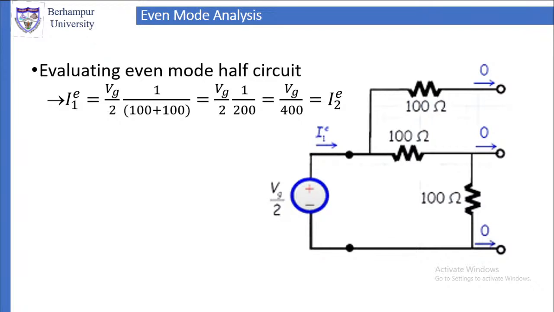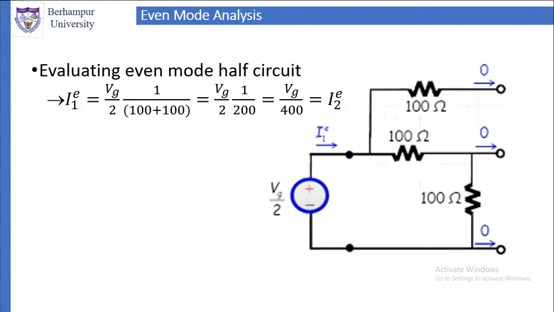So I1E is equal to Vg by 2 into 1 by (100 plus 100). The 100 plus 100 comes because of the series connection of the lower 100 ohms, so 100 plus 100 is 200. So it is Vg by 2 into 1 by 200. 1 by 200 into 1 by 2 is 1 by 400. So I1E is equal to Vg by 400.